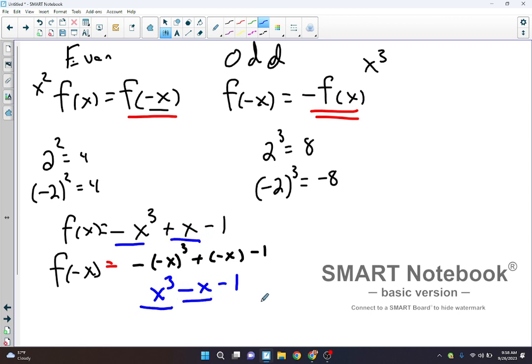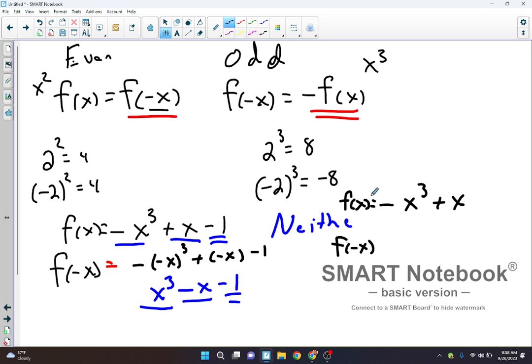Here and here is a negative flip, which is good. But this is not a negative flip. So in this case, it'll be neither. Okay? If it was just this version, where let's say it wasn't the plus or minus 1, and this is f of x. When I plug in a negative x, I would end up getting what I got here, x cubed minus x. In this scenario, it's a negative flip.